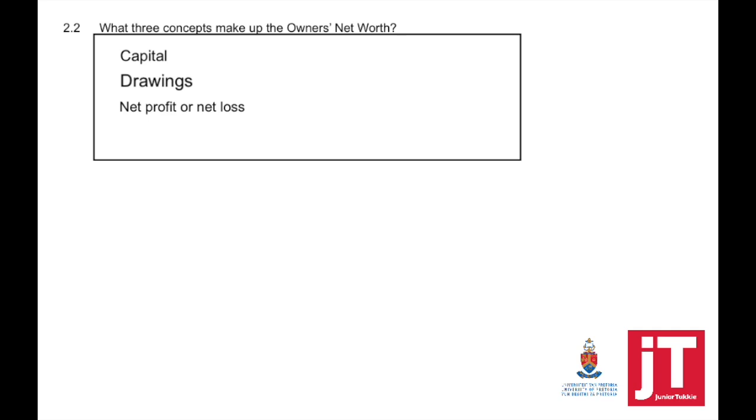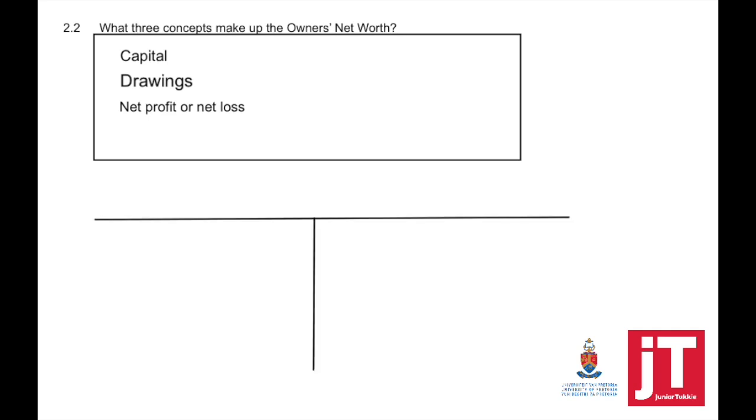When we're talking about net profit or net loss, we are looking at all our income minus all our expenses. If our income exceeds our expenses, the business made a profit. But if our income is less than our expenses, it means that the business made a loss.